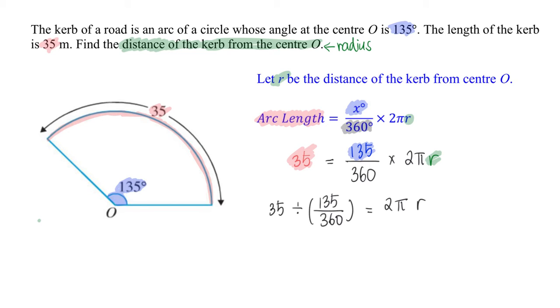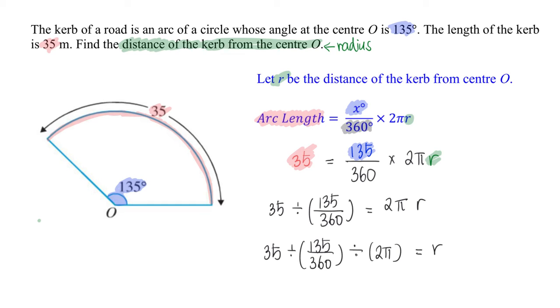After that, I also continue to divide by 2 pi on both sides, so that eventually I will get this radius r.